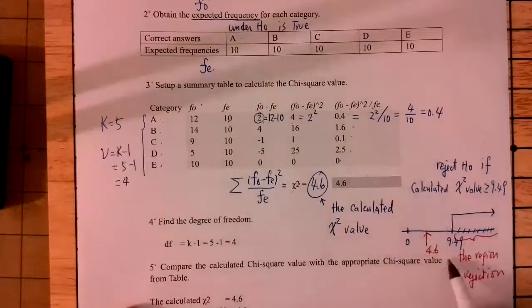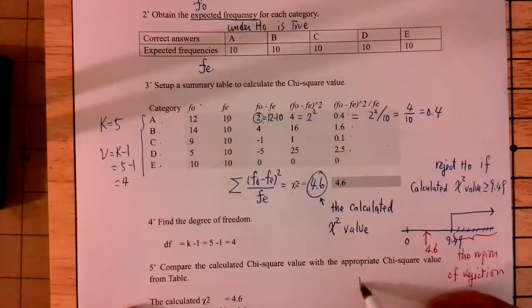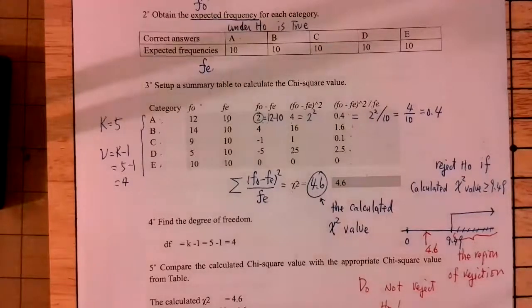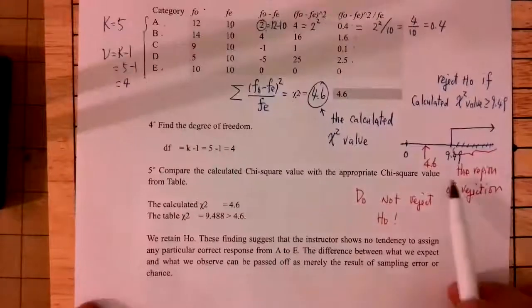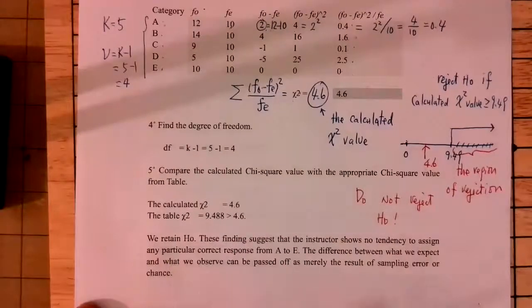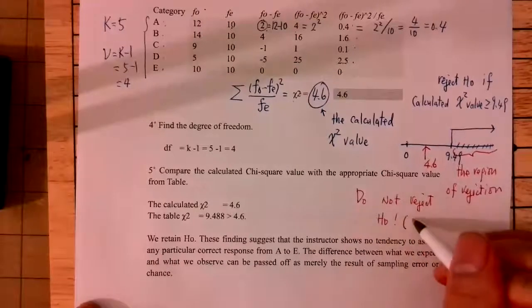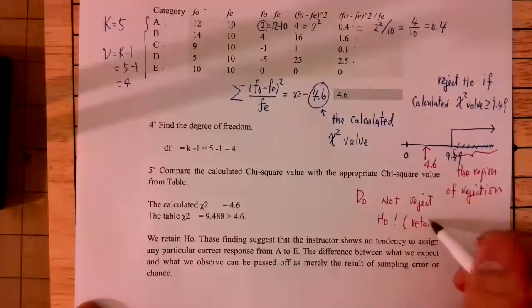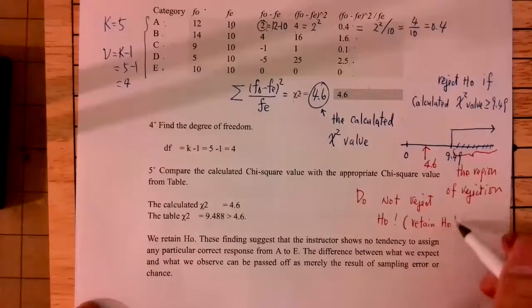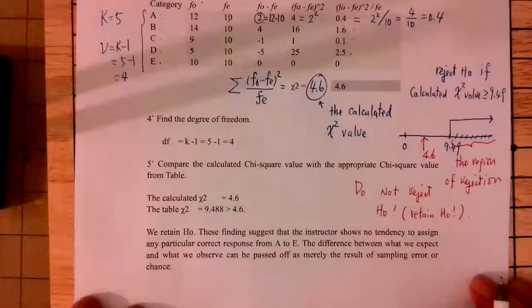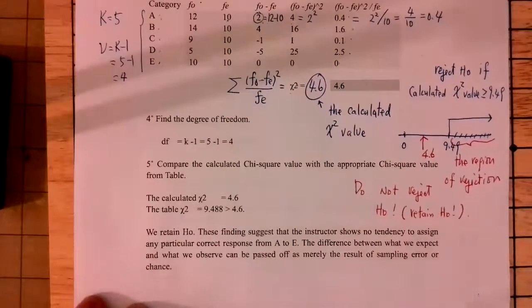So, what's our conclusion? Do not reject H-naught. Do not reject means retain. We retain H-naught. And remember what our H-naught is?